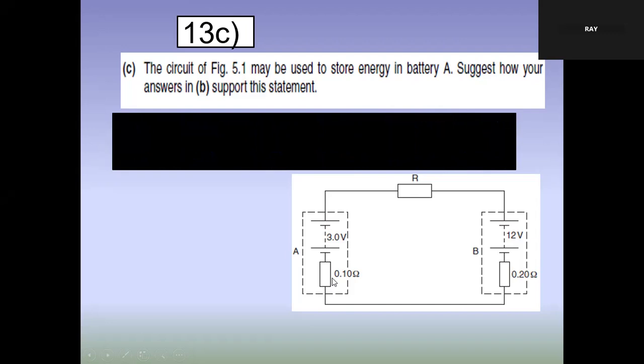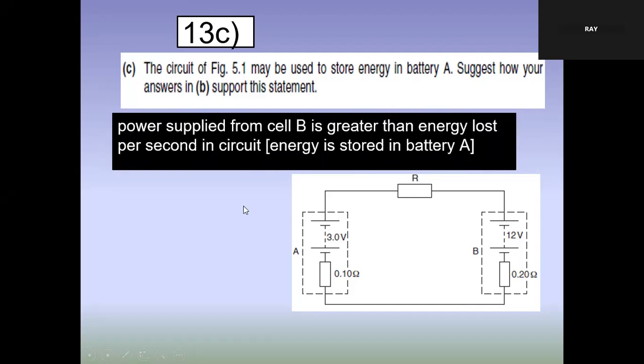What's your answer in B? Basically, you're charging up battery A. Power supply from B is greater than energy loss per second in the circuit. So energy is stored in battery A.